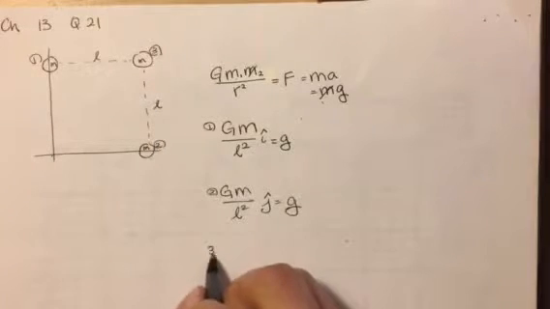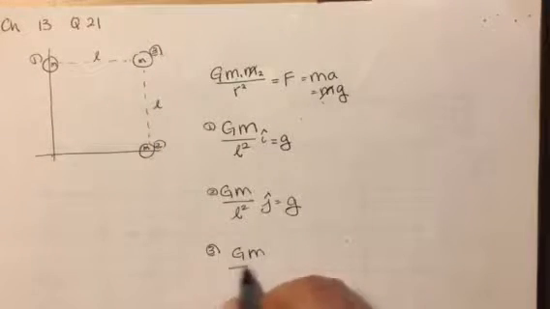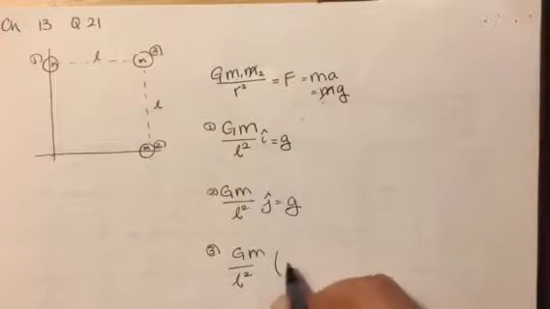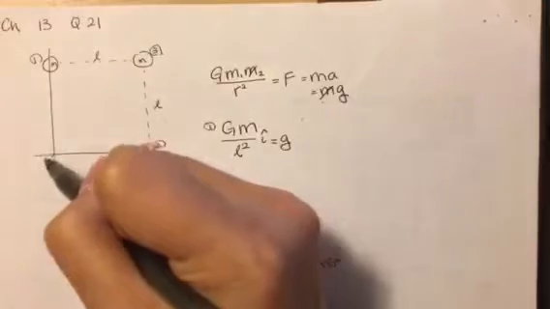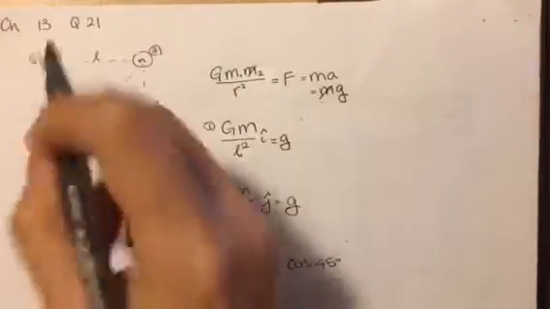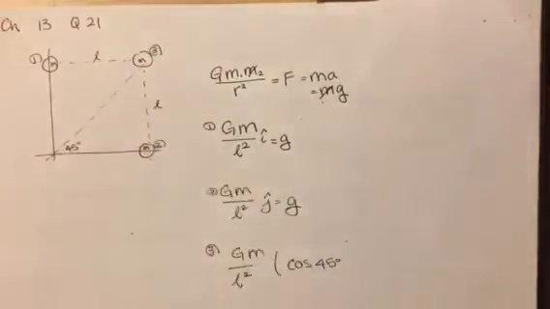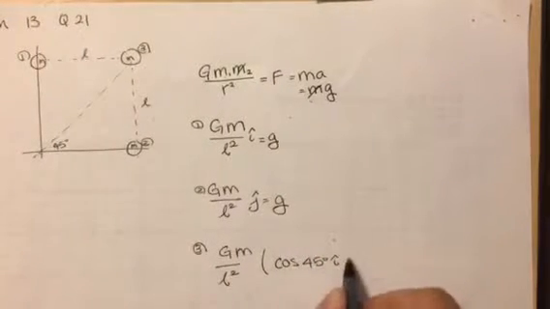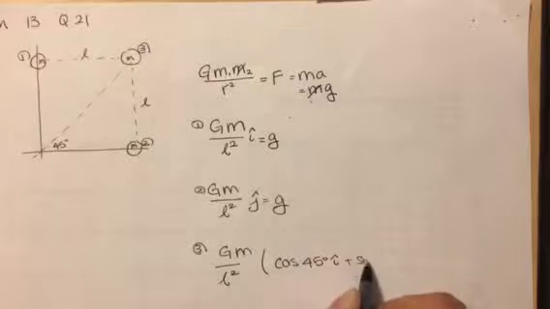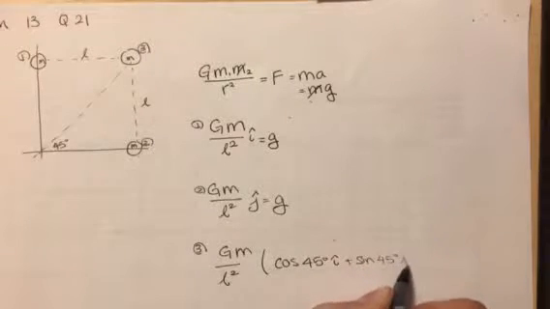So for part 3, what happens is G m over L squared, except there's cosine of 45 degrees because it is a square. When you divide it and it goes straight here, this will give you a 45-degree angle. So it's cosine 45 for the i plus sine 45 for the j.